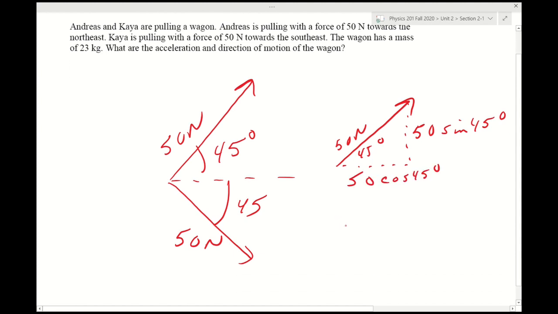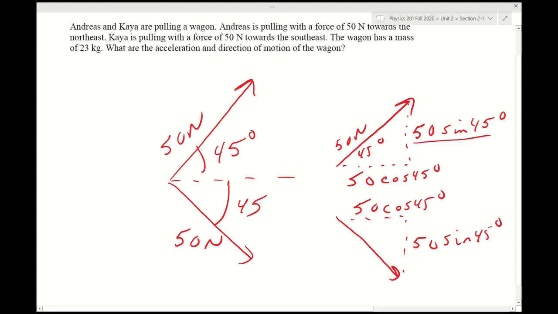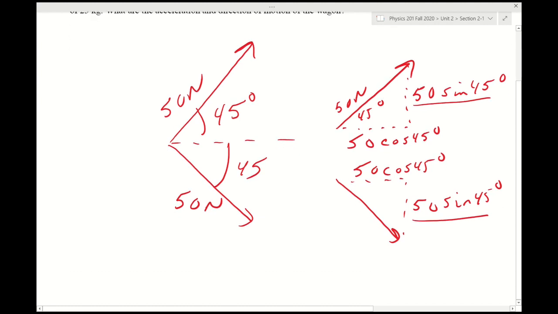If we were to do that for the one going to the southeast, we would end up with 50 cosine of 45 degrees and 50 sine of 45 degrees. Now in this case, in our diagram, this one is going up and this one is going down. Since they are the exact same size and 180 degrees opposite in direction, then they're going to completely cancel.